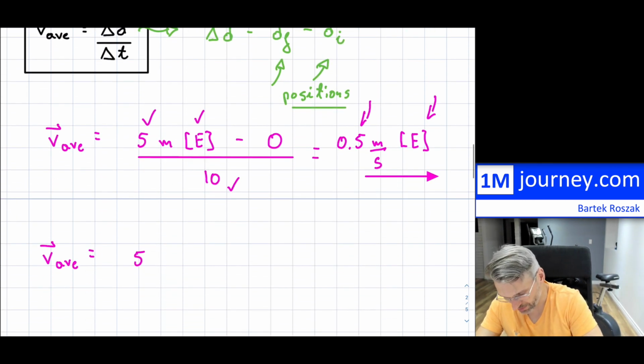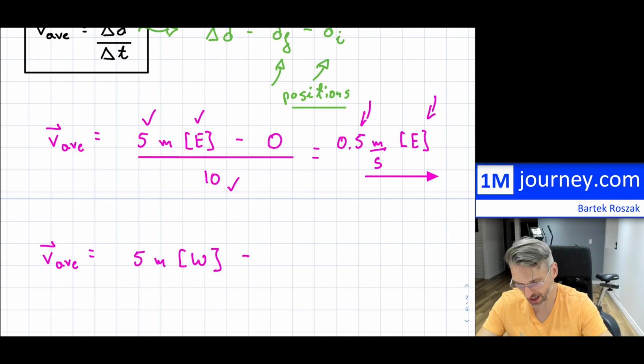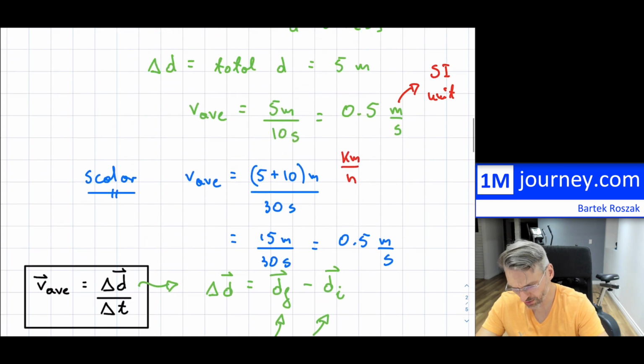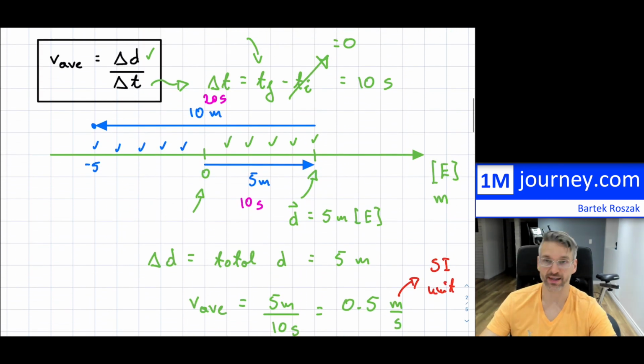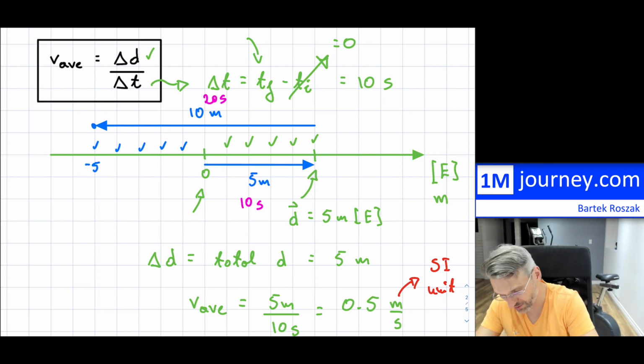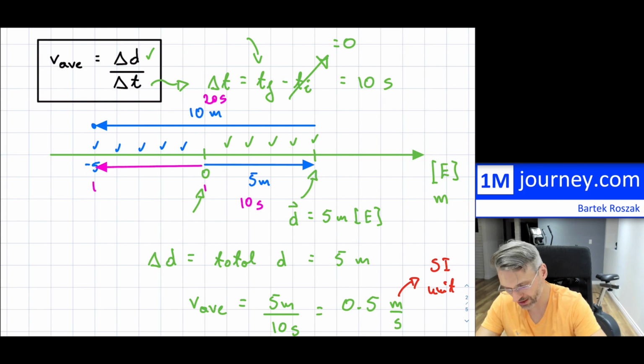I'm going to keep it 5 meters west for the moment. Then your initial position, well, initially you were starting from 0. So it's almost like you're completely bypassing this. But of course, it's the displacement that we're interested in. That shouldn't surprise you, because displacement is just this vector right here, from here to here.